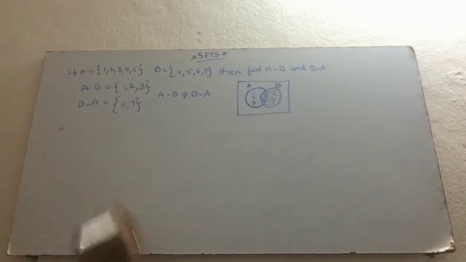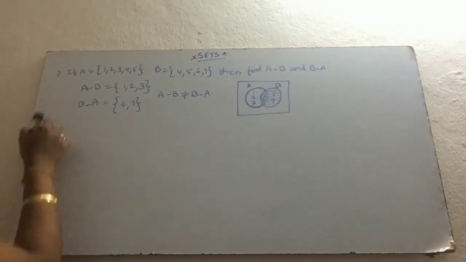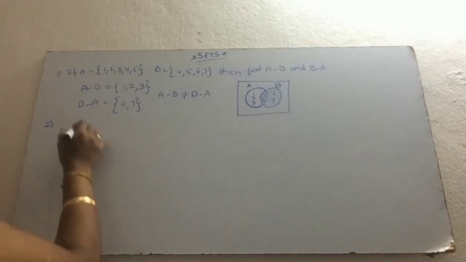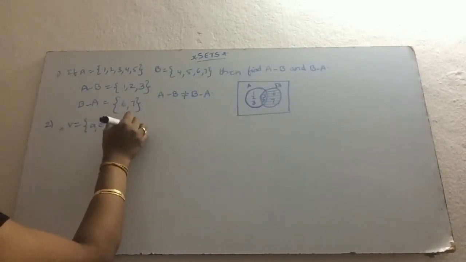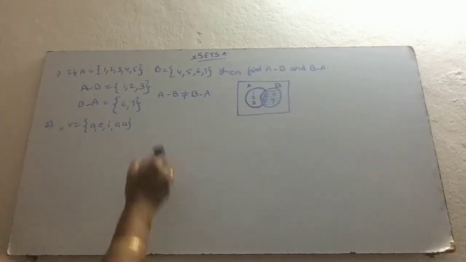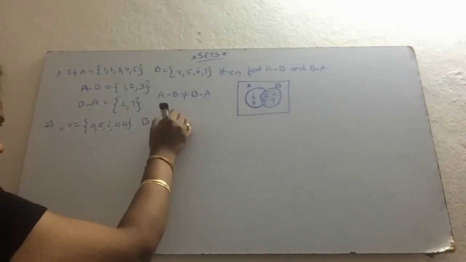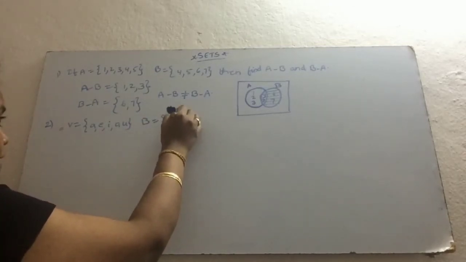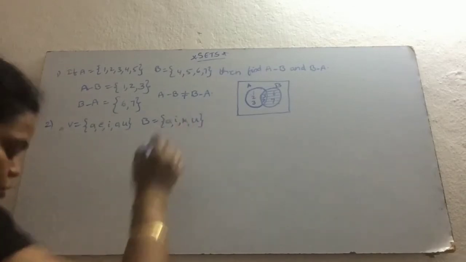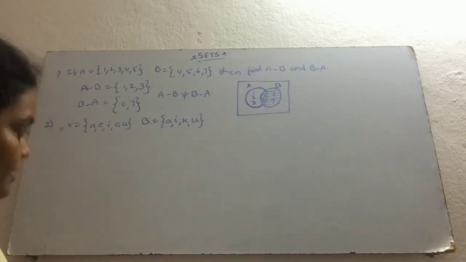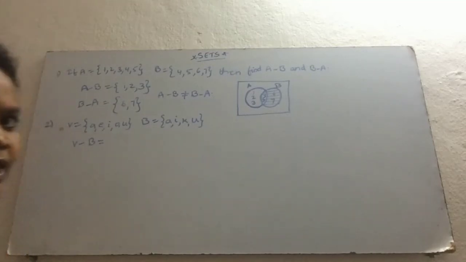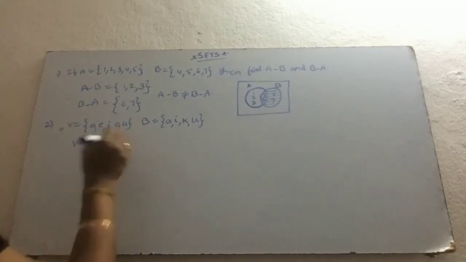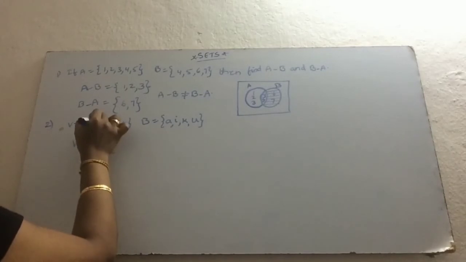And next, if V equal to {A, E, I, O, U} and B equal to {A, I, K, U}, find V minus B. V minus B. That means here A is there.